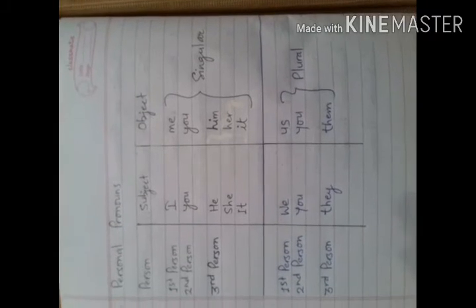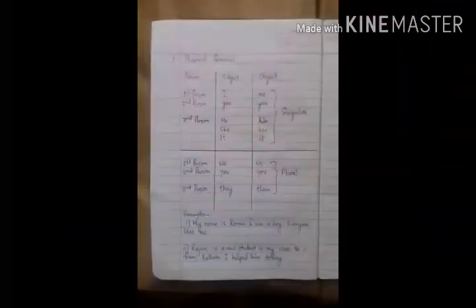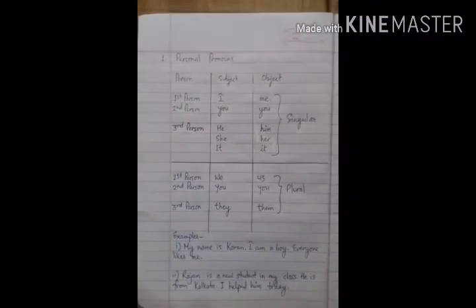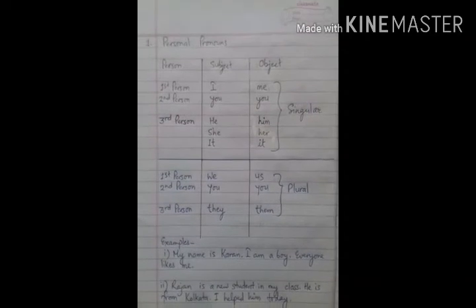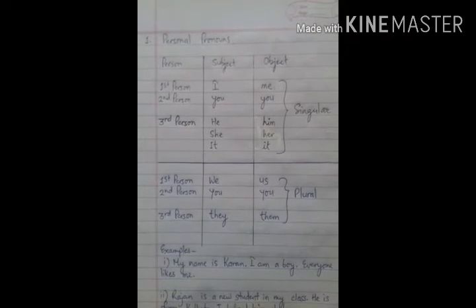So here, if you see, the way to understand personal pronouns in this column is to understand the person we refer to. Here the person refers to the name of persons, places, animals or things.